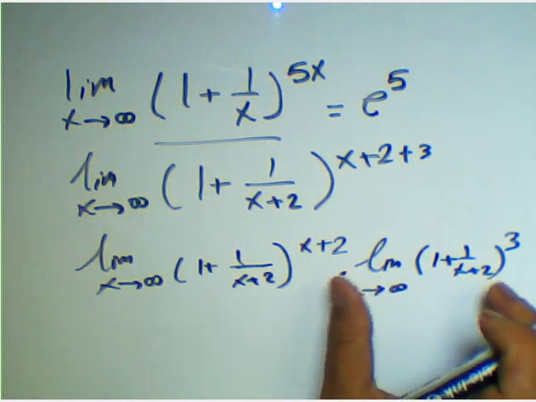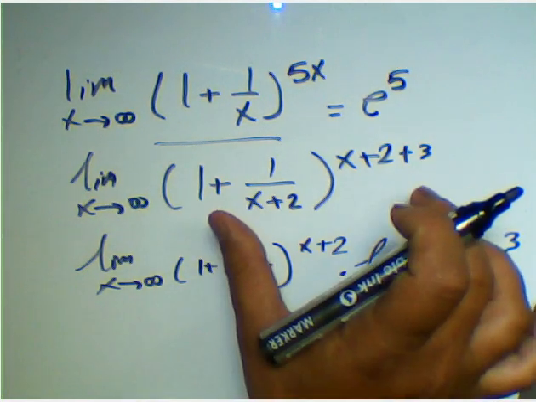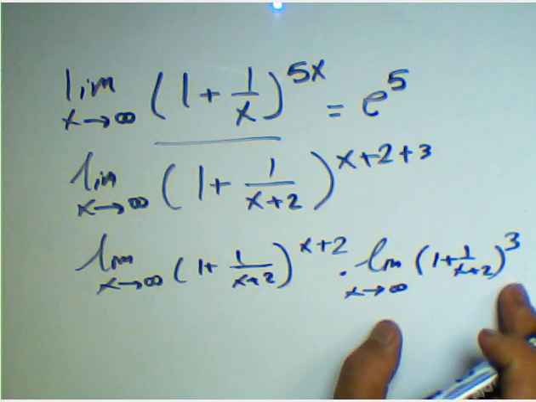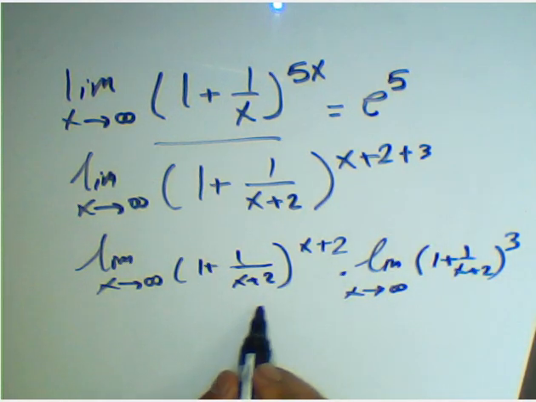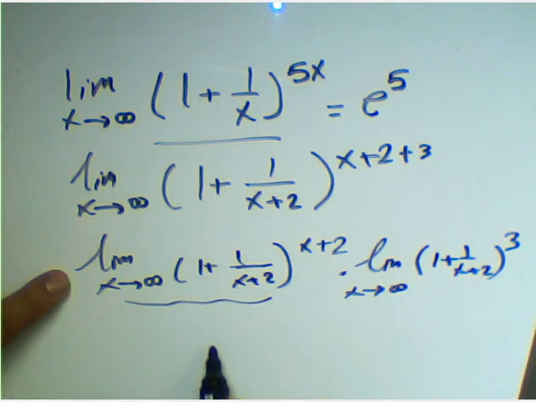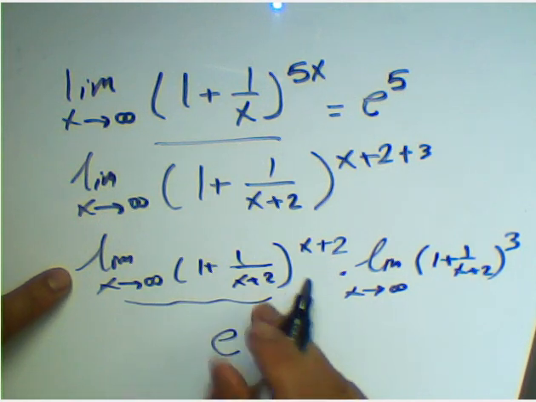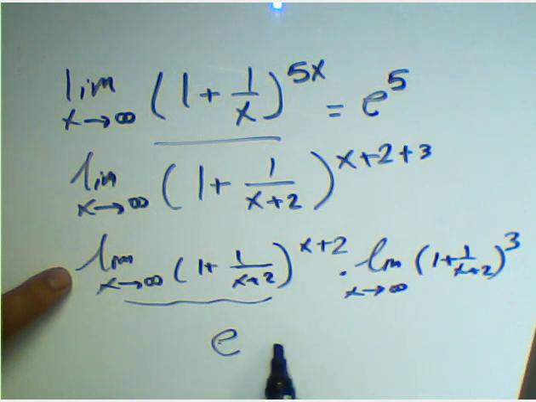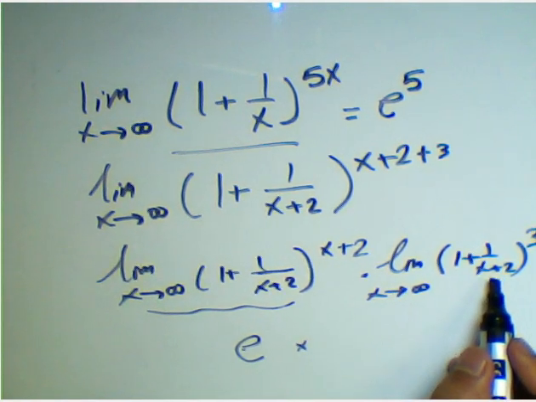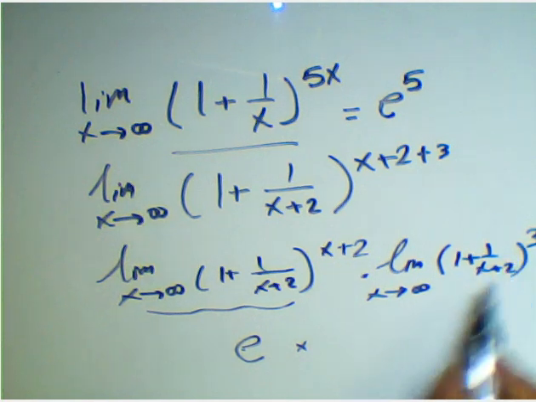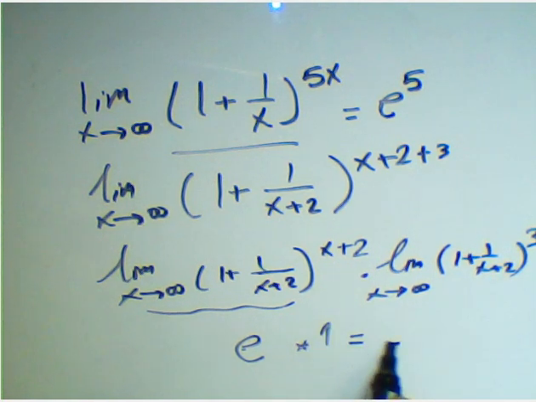Okay, because if we find the original number here, the result will be x + 2 + 3, which is x + 5. And the result here, how is this? The limit here will be e, because the base equals the power. Multiplied by, put x equal to infinity: 1 over infinity equals 0, 1 plus 0 equals 1, 1 to the power 3 equals 1. The result will be e.